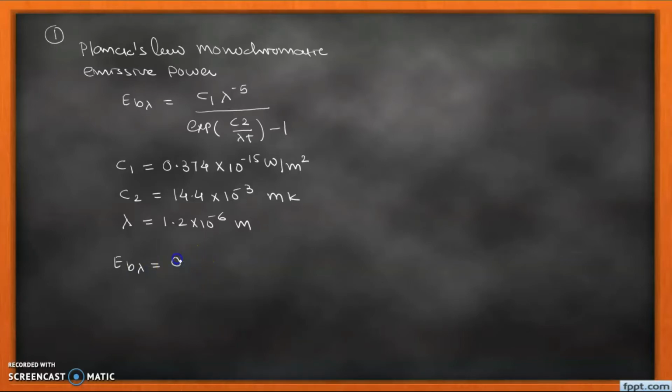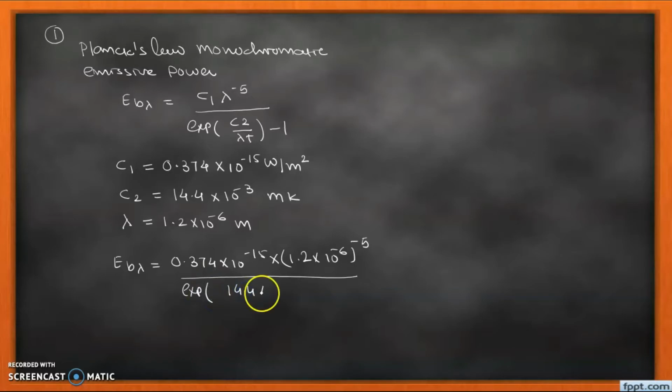So we get 0.374 into 10 to the power minus 15 into lambda, 1.2 into 10 to the power minus 6, whole to the power minus 5, divided by exponential of C2, 14.4 into 10 to the power minus 3, divided by 1.2 into 10 to the power minus 6 into the surface temperature 2773, bracket over, minus 1.